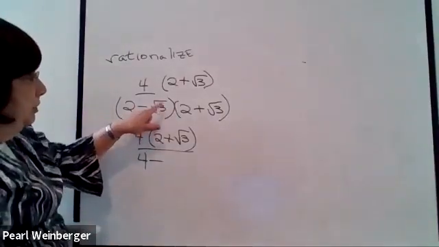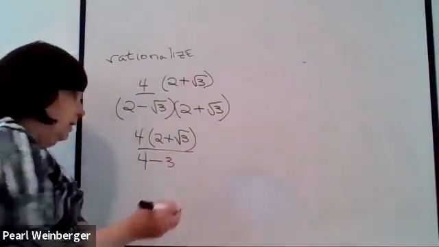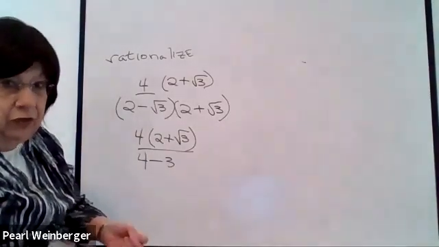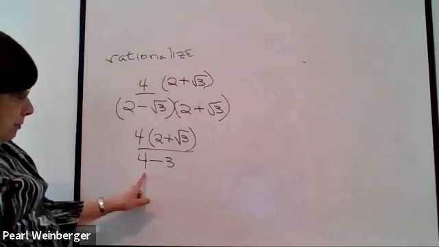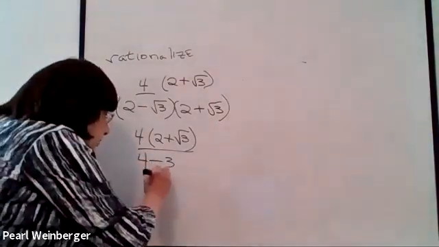And the radical 3 times the radical 3 will simply give me 3. Because when you multiply a radical by itself, you end up with a number without any radical. So the denominator comes out to be 4 minus 3, which can be simplified simply to 1.